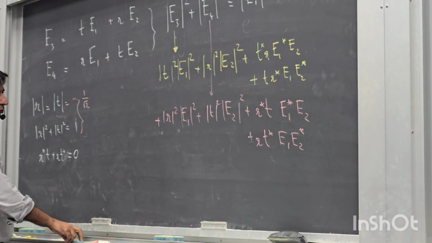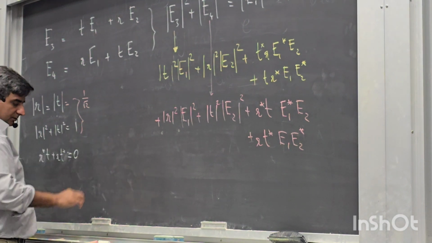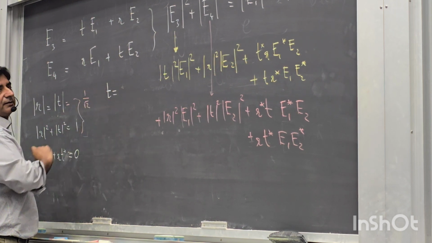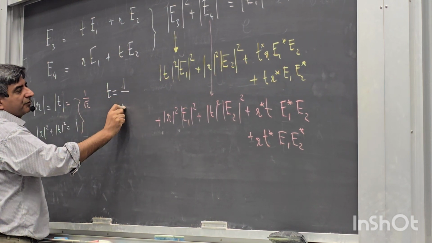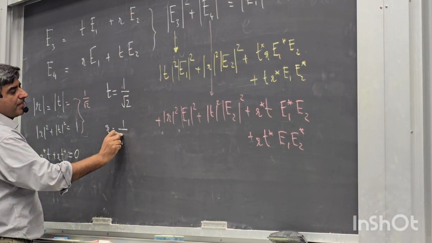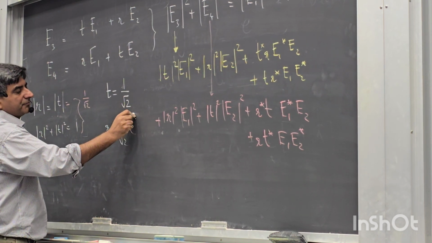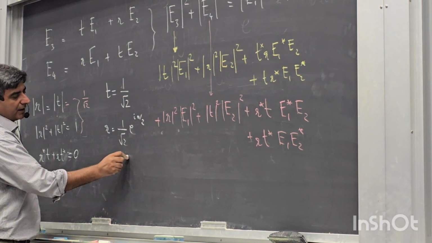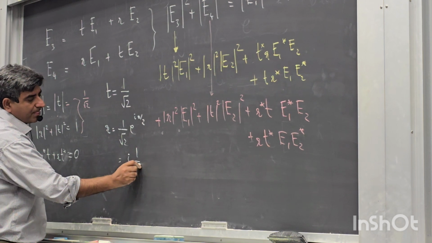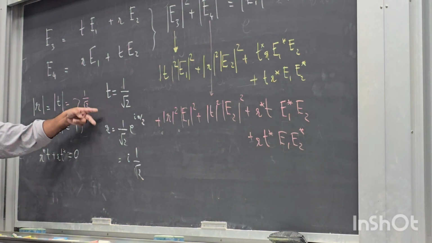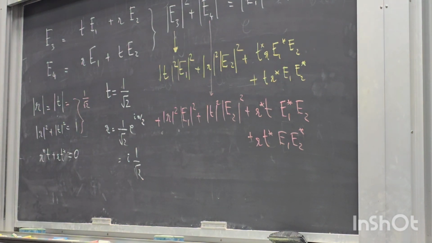So one approach is to set T equal to 1 over root 2 and R to be 1 over root 2 e^(iπ/2) to account for this 90 degree phase shift, which gives you i over root 2. Okay? So these values of R and T satisfy these conditions.